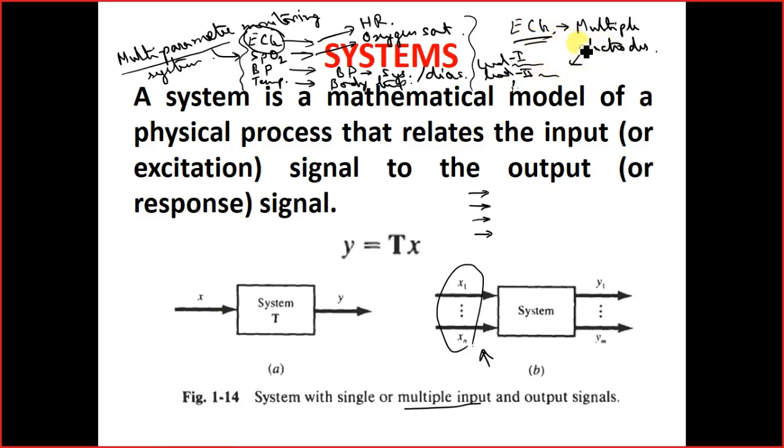Here also you can see there are multiple electrodes, so from these multiple electrodes we are getting multiple inputs, and at the output also we are getting multiple outputs. The same is the case with EEG signals. There also we can have multiple electrodes, and at the output we can get multiple outputs.